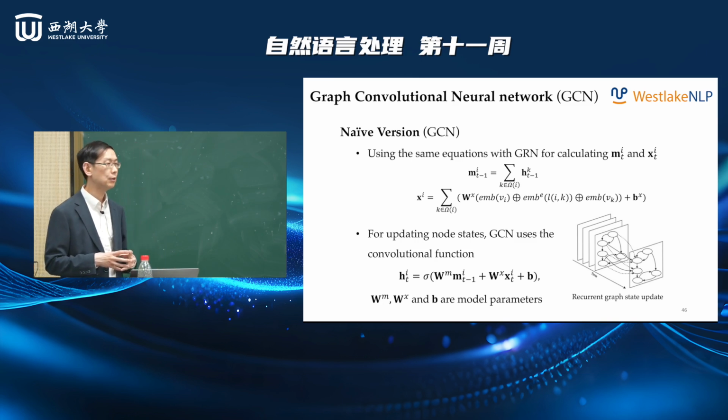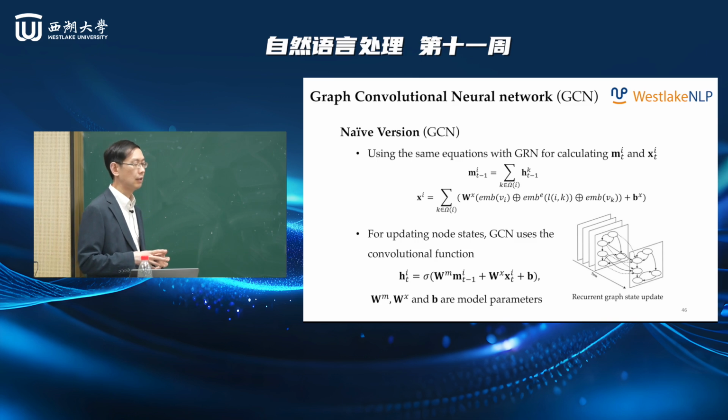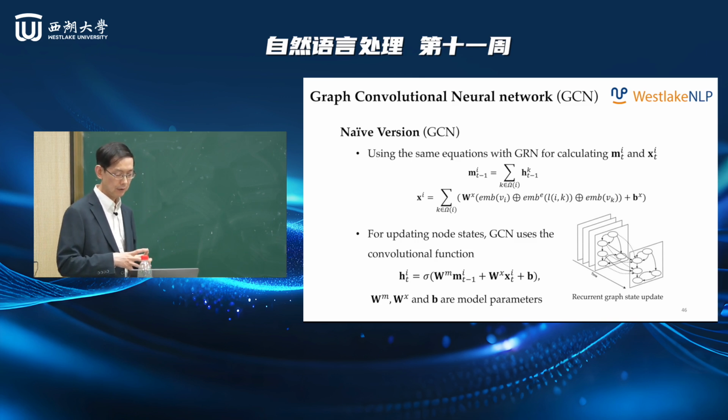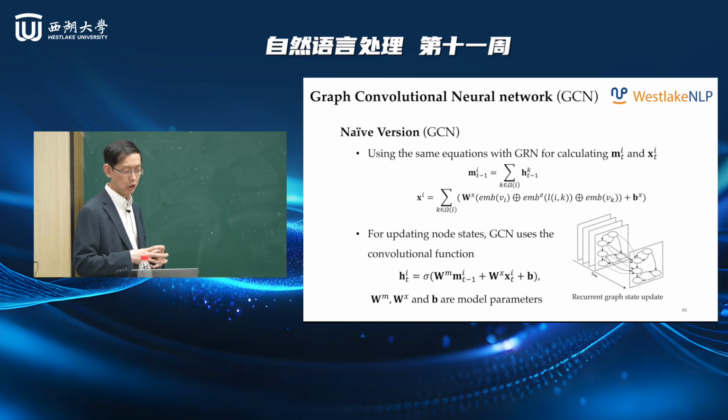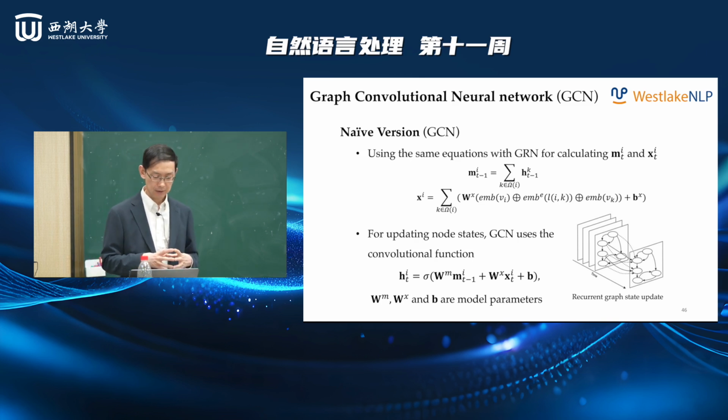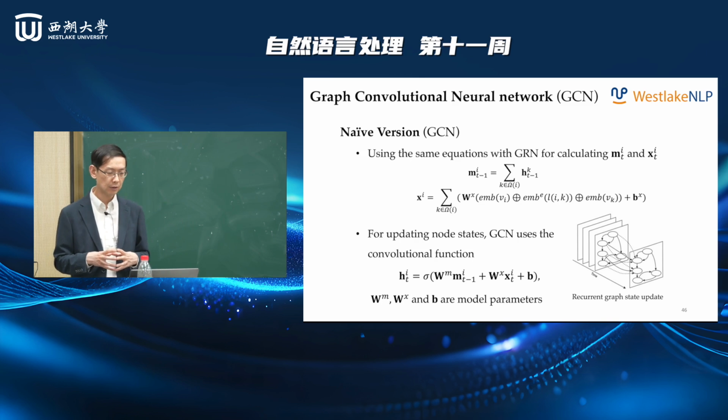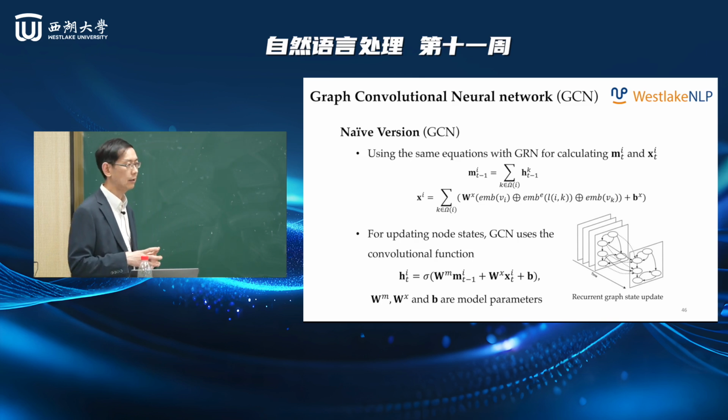So RNN uses an LSTM step to calculate the current hidden. But the naive GCN can change the LSTM step into a convolutional function, like this. Okay? A convolutional function is just a standard feed-forward neural network.